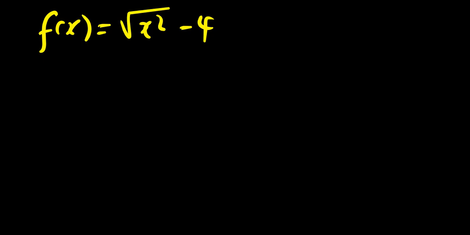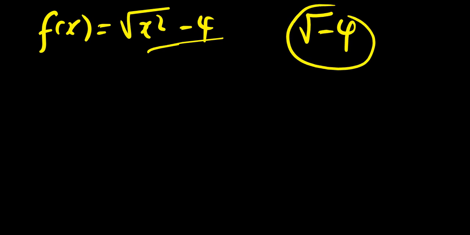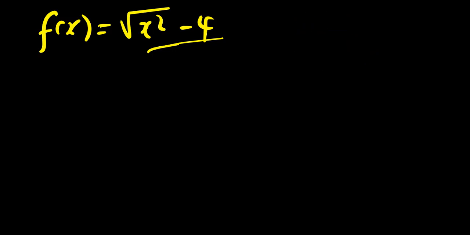The square root function is defined only if the expression inside the square root is non-negative. You don't want a negative inside the root, because that gives a complex number, and that's what you don't want. So now let's solve.